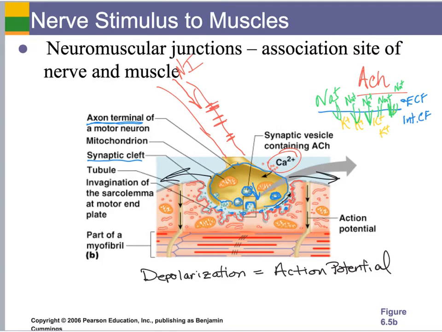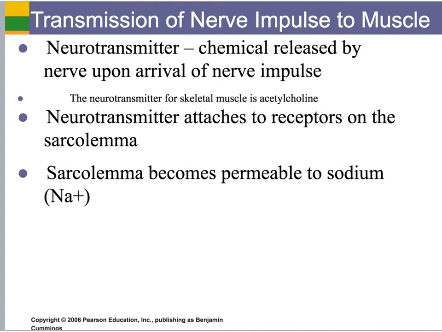Now, as that action potential travels across the sarcolemma, it's also going to travel down into the inner parts of that muscle fiber. And you remember what muscle fibers are full of. They're full of myofibrils, right? So let's take a look at what happens.